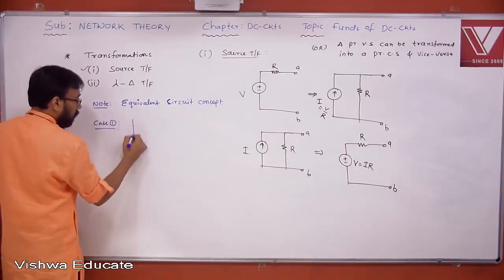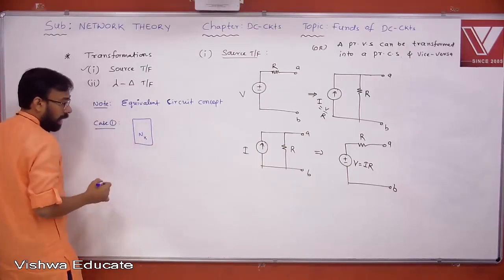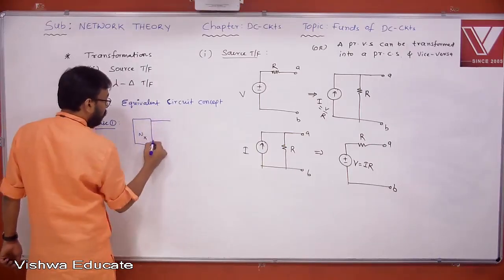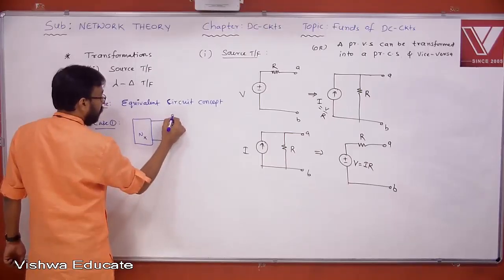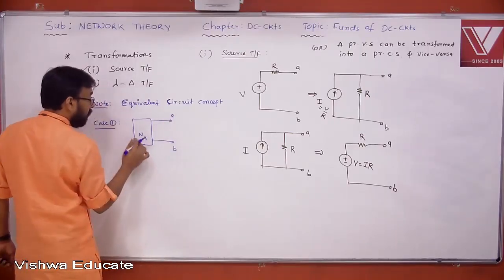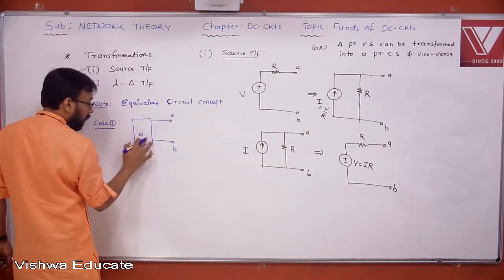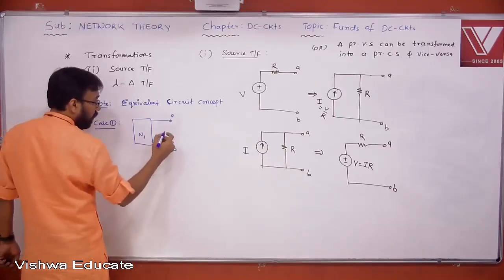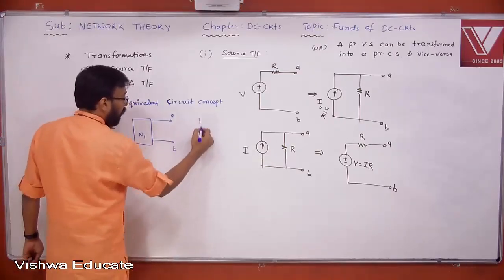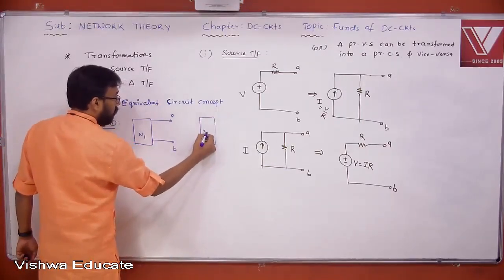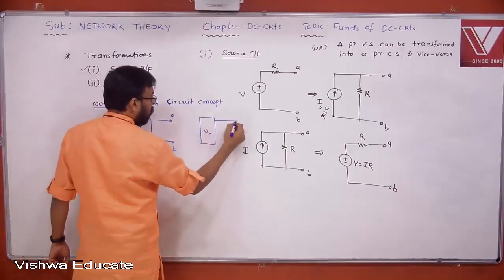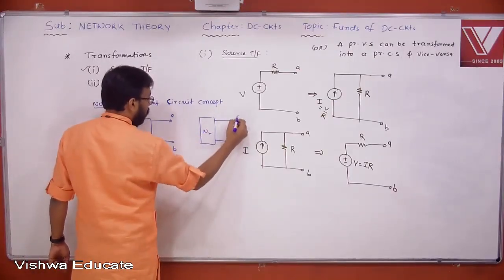Case 1. Network 1 is equivalent of network 2. First network and second network, these two are equivalent.